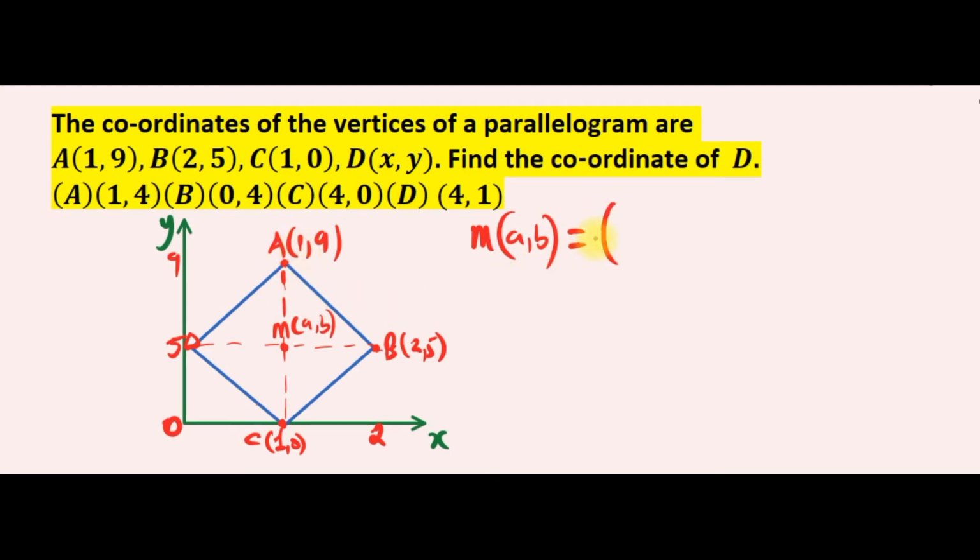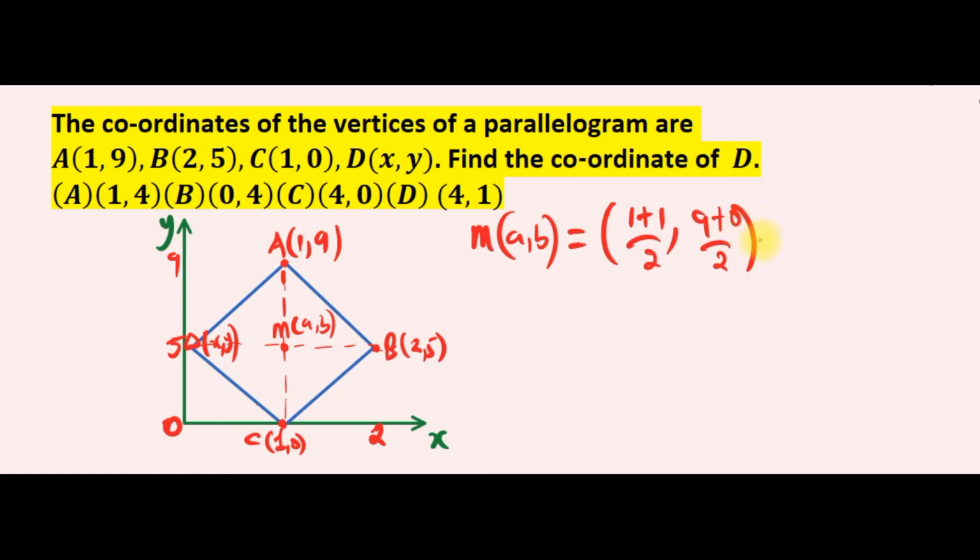So we have (1 plus 1) over 2 and (9 plus 0) over 2. I'm using A and C as the endpoints. Also for this, let's call the one we are looking for (x, y).